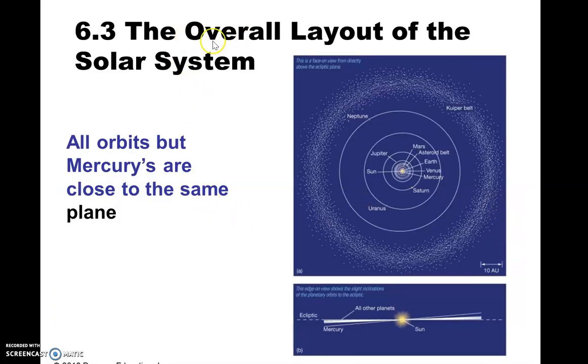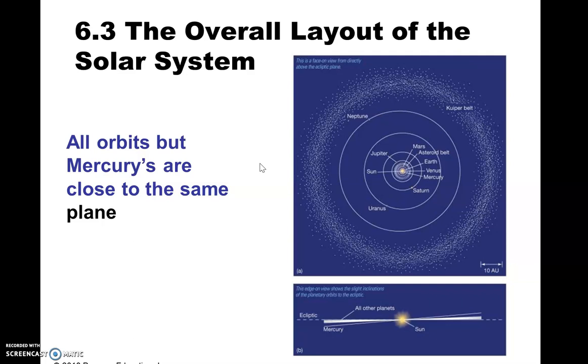So let's look at the overall layout of the solar system. You can kind of think of it as like a disk. The solar system is basically this relatively flat disk. It's not perfectly flat, but it takes up, like, the surface of a table.